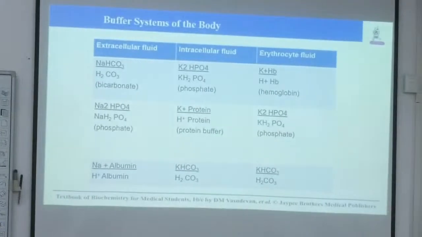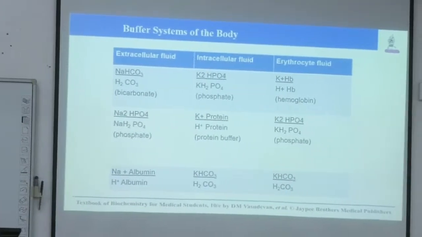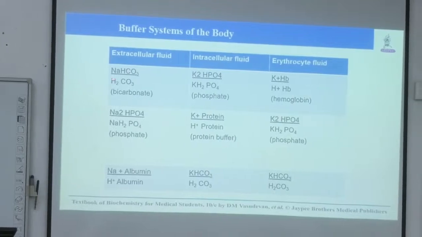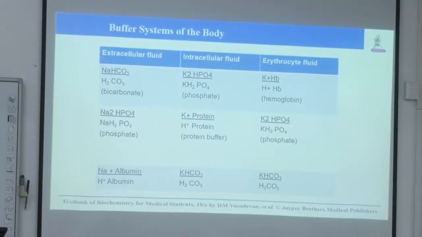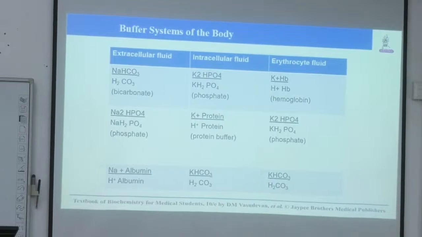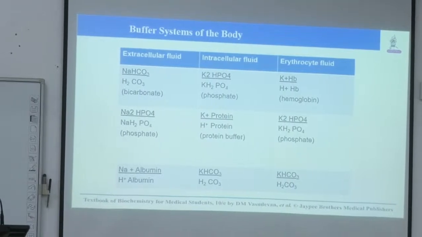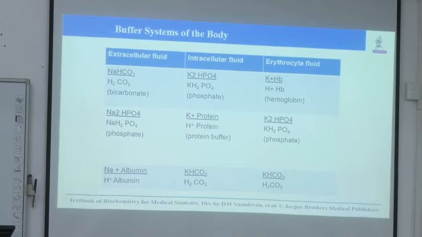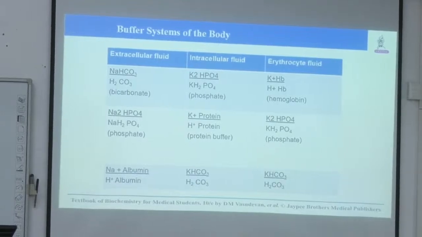See the salt, K plus. Why K plus? Can anyone tell me? Why not Na plus? Whereas here it is Na plus. Anyone? Why is there K plus here, but here Na plus? Yes, outside the cell, this is ECF, the sodium content is high.